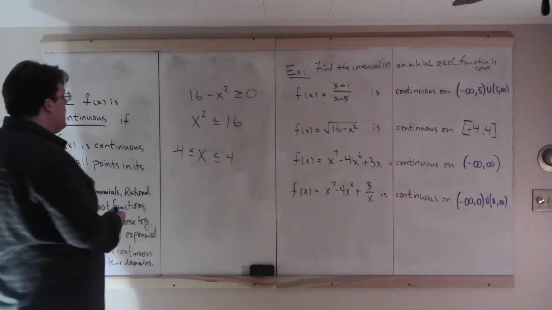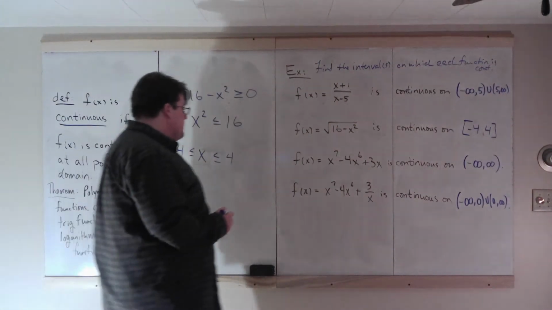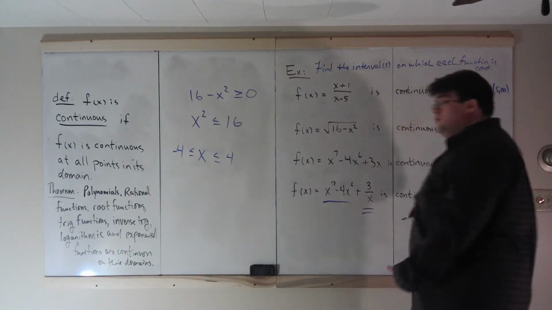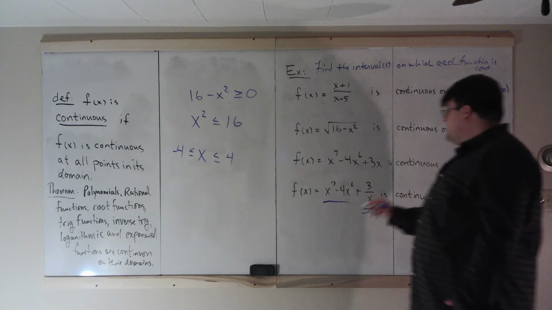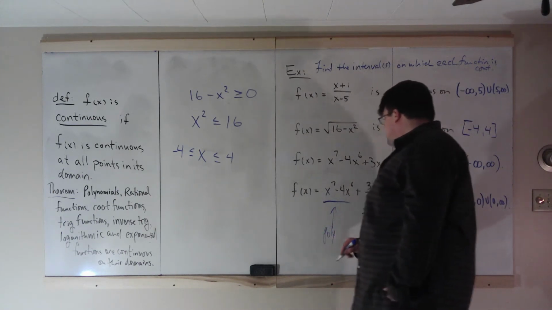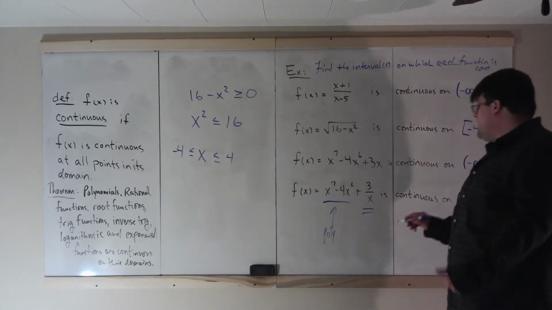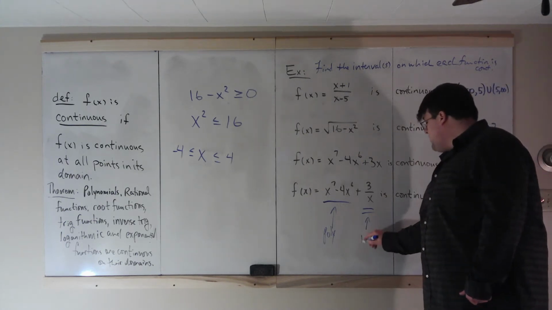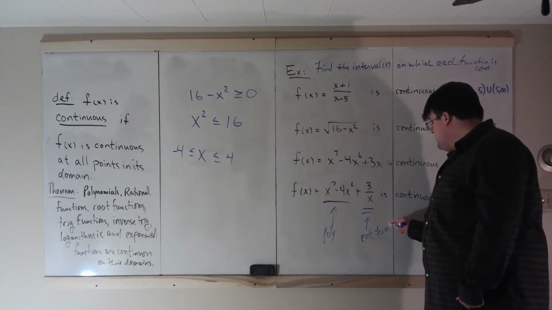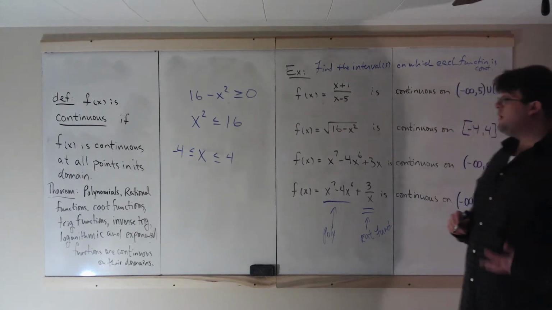Well, oh, I erased the theorem. Well, that's okay. You probably have it written down, or you could be warned. Let's look at these two pieces of this function. Right here, we have a polynomial. Right here, 3 over x, it's a polynomial over a polynomial, so that's a rational function.